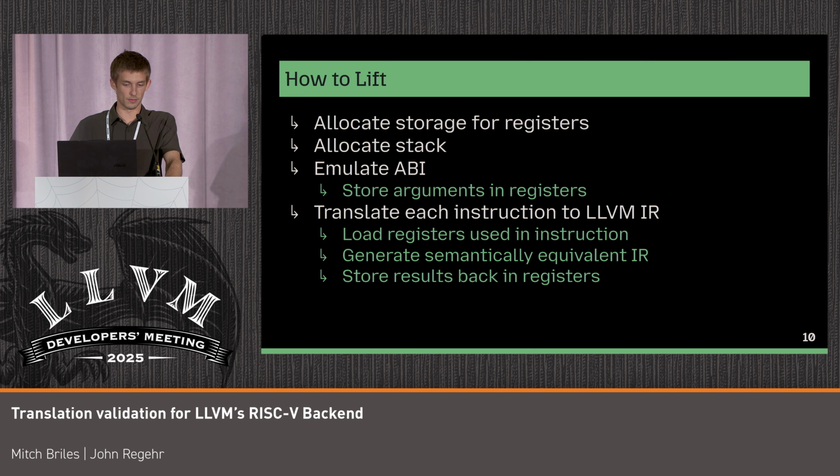Once we have this emulation, then we can translate each instruction into LLVM IR. The way we do that is we load from our emulated register file that we have in memory, we get the arguments, and then we do some operation on them with semantically equivalent IR. And then we store the results back in the destination registers.